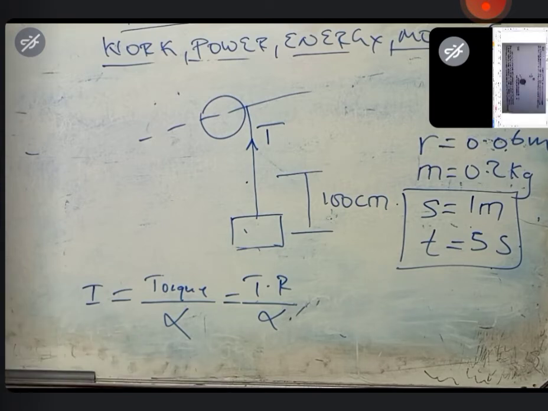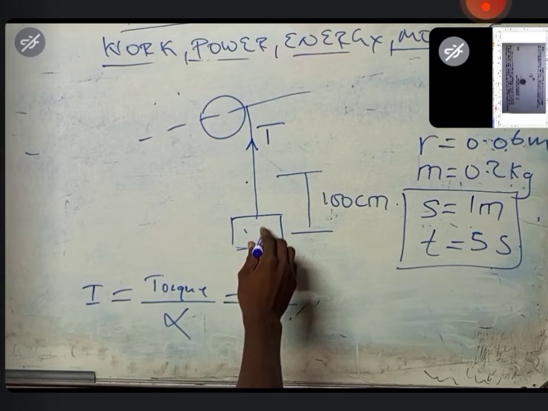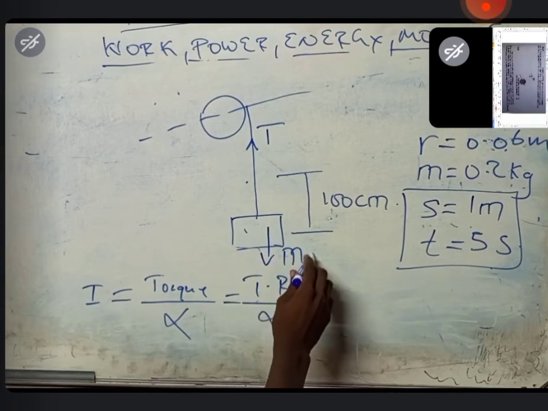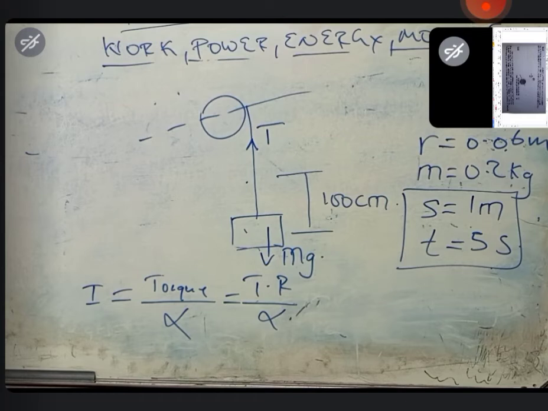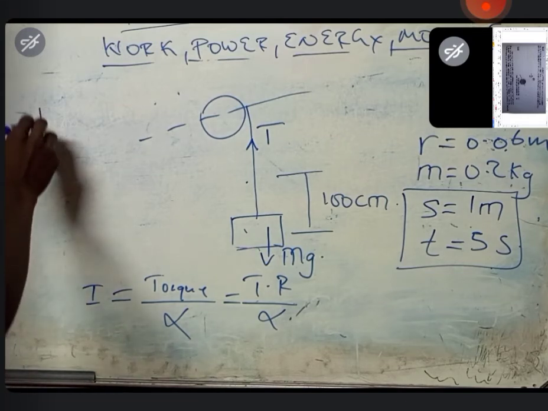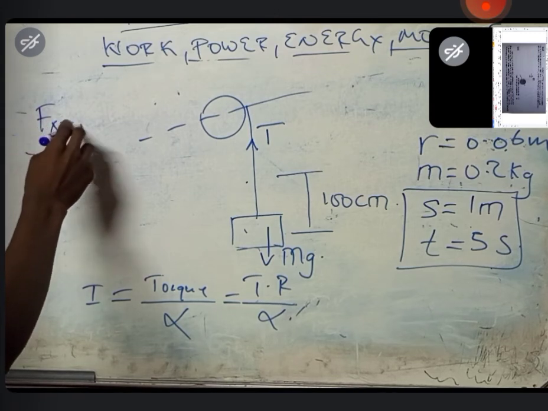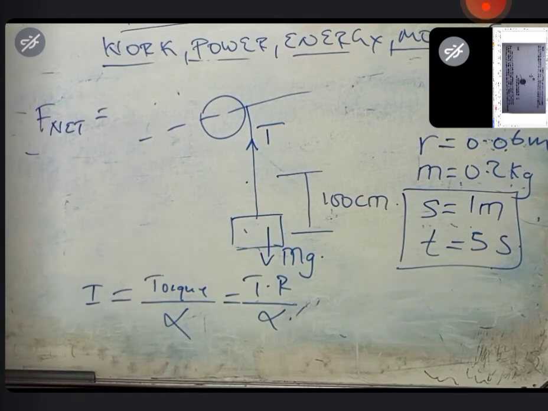So what is pulling this down is the weight, which is mg. For it to accelerate downwards, it tells you that the weight is greater than the tension.